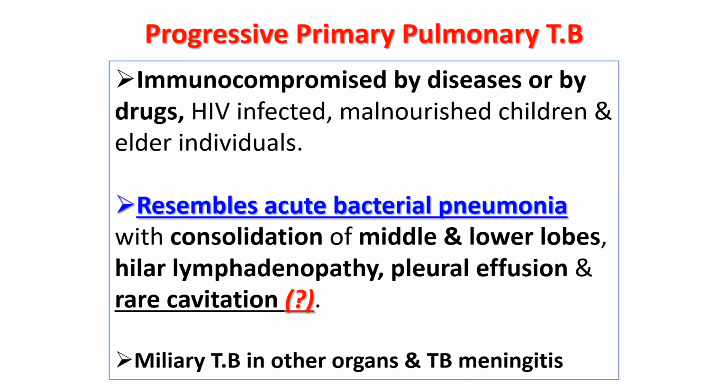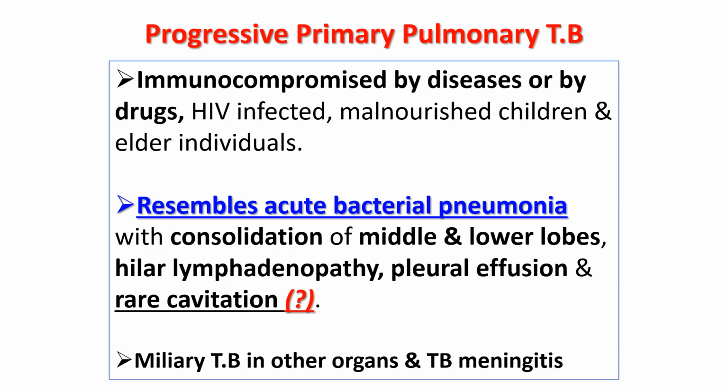Progressive primary pulmonary TB will occur in immunocompromised patients, like HIV-infected persons, malnourished children, elderly individuals, or individuals receiving immunosuppressive therapy. It resembles acute bacterial pneumonia with marked consolidation of the middle and lower lobes, becoming solid like liver, with hilar lymphadenopathy, pleural effusion and exudation, with rare cavitation.